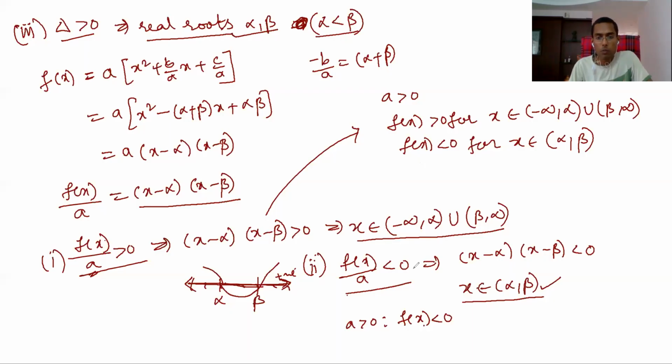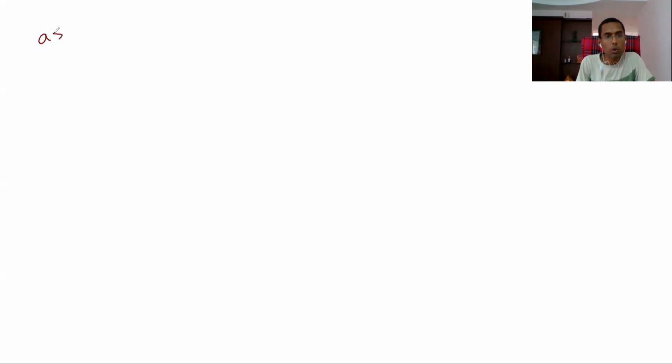If a is positive, f of x is negative in this interval. That means if a is positive, the graph is like this, where alpha and beta are the roots. If a is positive, the expression is positive in this interval, and in this interval, the expression is negative.